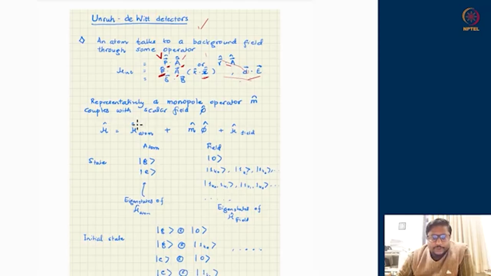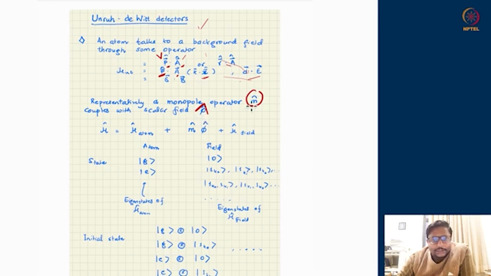So what we do is think of an atomic system which has some operator, we call it the monopole operator M, which talks to a background scalar field phi. In terms of the quantum field background, I am not talking about the electromagnetic field, but a real scalar field phi. This is the simplest quantum system in the field theoretic domain we can think of.